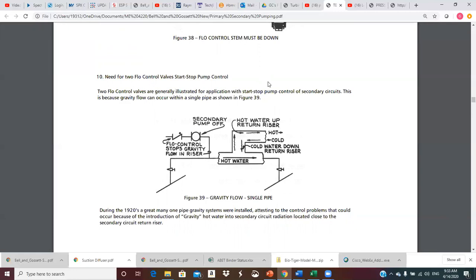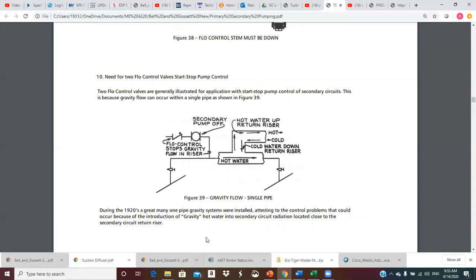And that coil, it's possible, could still radiate into the space and put in heat when you don't want heat, because the thermostat is satisfied and the pump's off, but you still continue to supply some heat to the space by this gravity type flow that can occur.